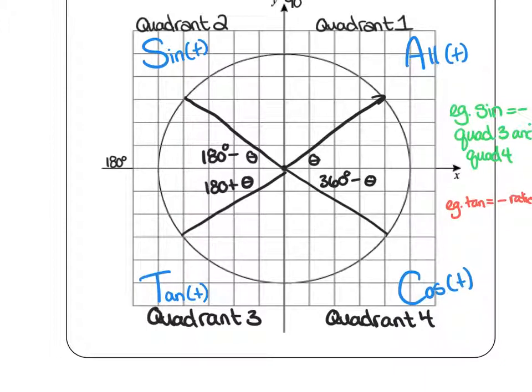So I'm going to get two angles, and they're going to be in the quadrants where tan is negative. Tan is negative in quadrant 2 and quadrant 4. That means I'm going to have an angle that is between 90 and 180, and an answer where the angle is between 270 and 360.